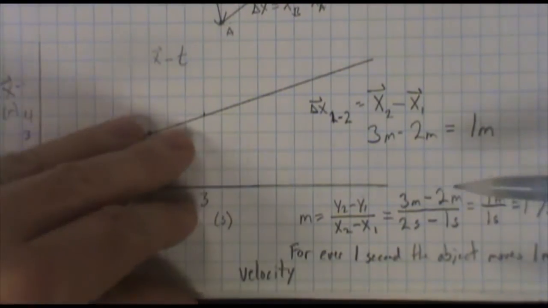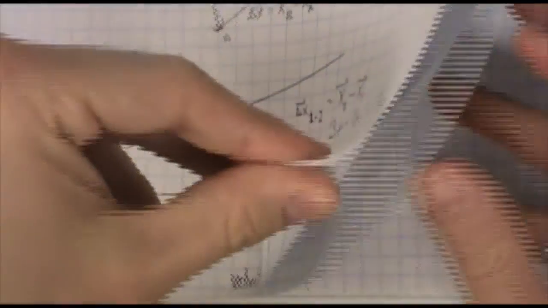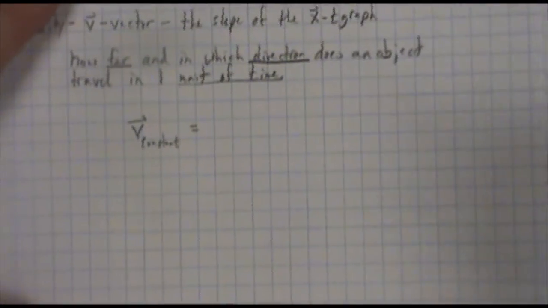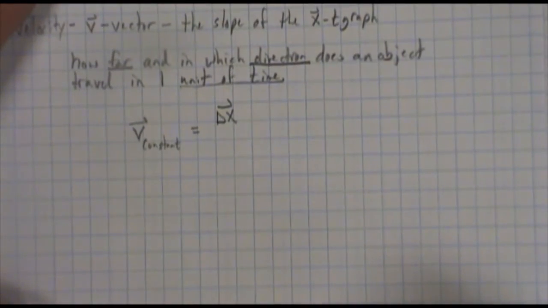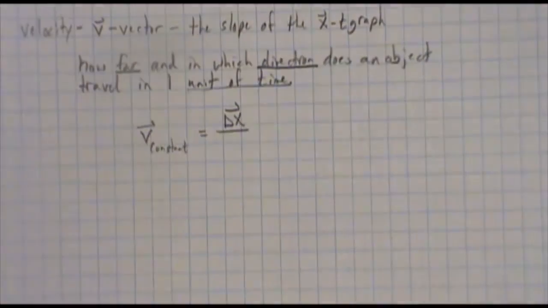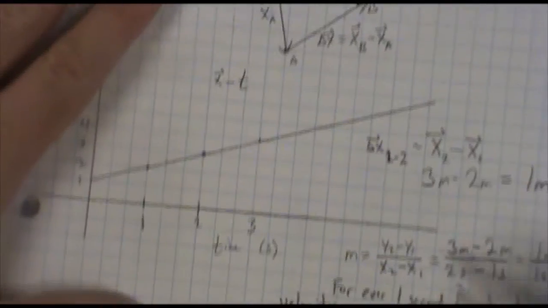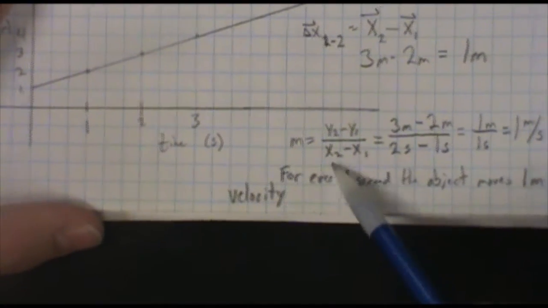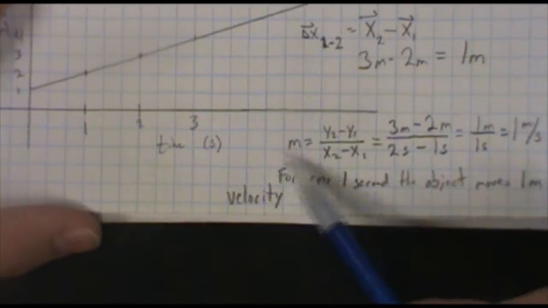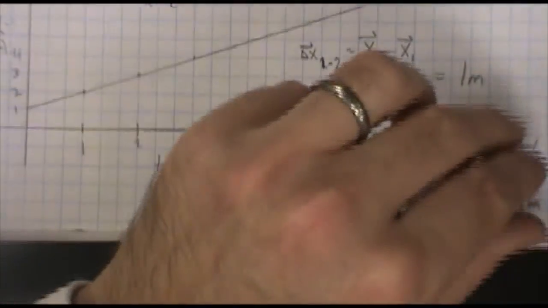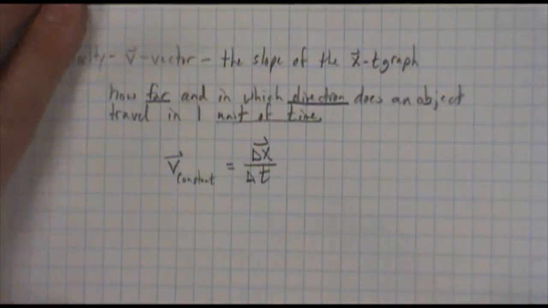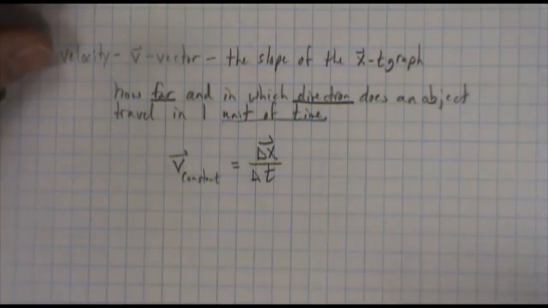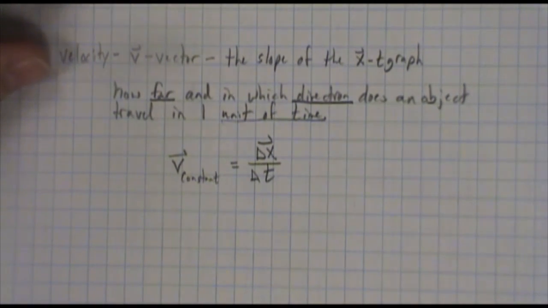Change in position, which has a name. Displacement. Change in position over, going back to our definition, change in our x value, well, that's time. Change in time. Change in position, which is displacement, divided by change in time. For constant velocity, this is the equation. It is the slope formula.